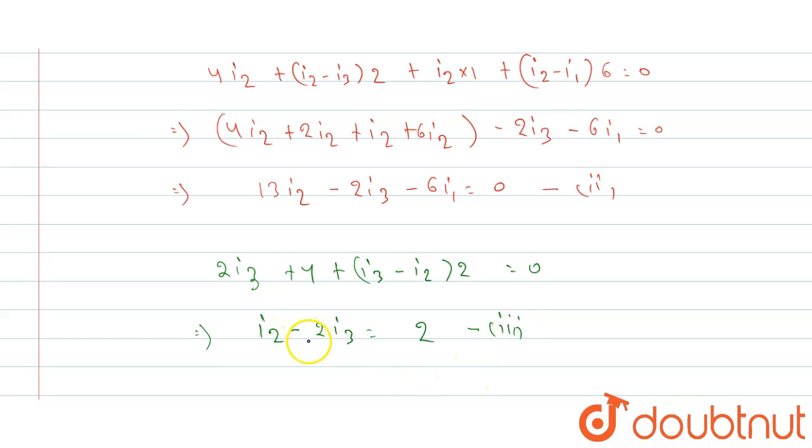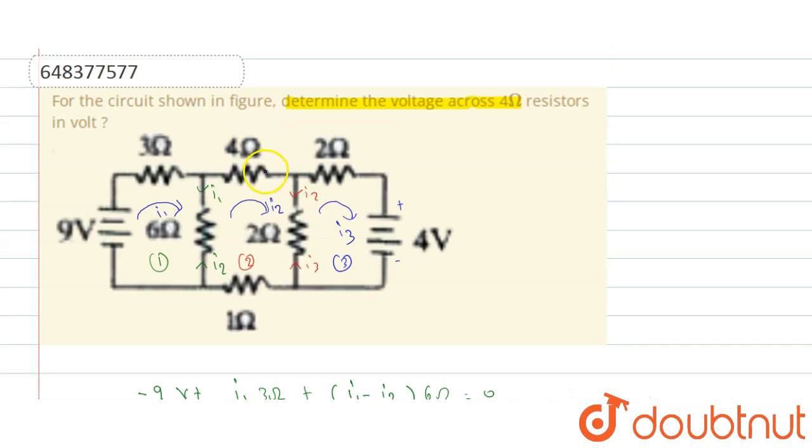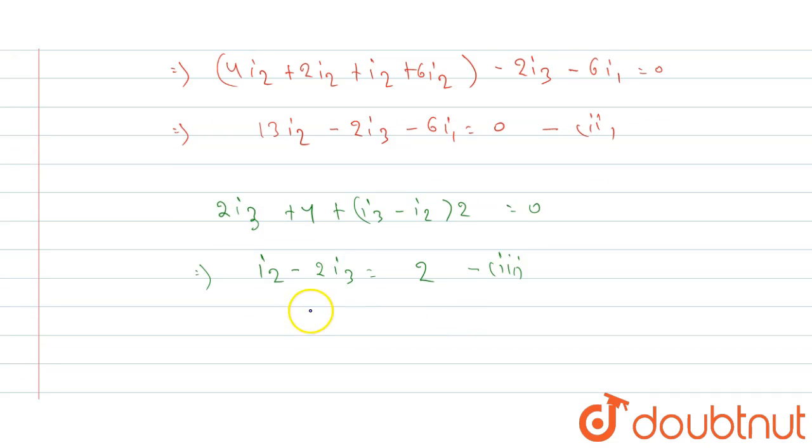Now students, we have to find out the voltage across the 4 ohm resistor, so we have to find I2. Now to find I2, from equation 3, let us calculate I3. Now I3 will be equal to (I2 minus 2) divided by 2, that is half I2 minus 1.